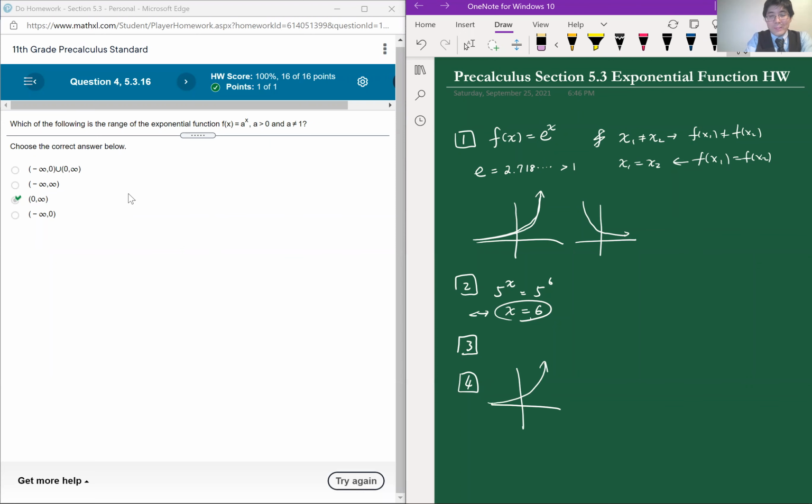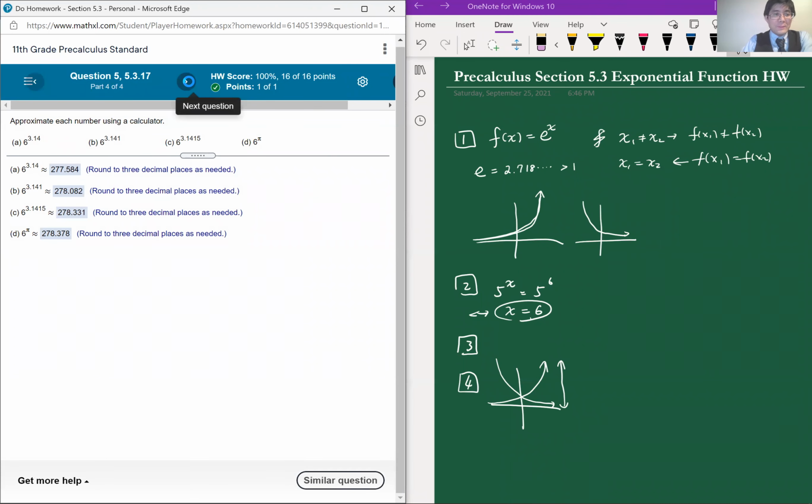One is when the base is greater than 1, and another is when the base is between 0 and 1. However, regarding the range of the function, in either case, it is 0 through infinity and 0 is not included. So this is the correct one, the others are not. An exponential function always has a positive value for the output.